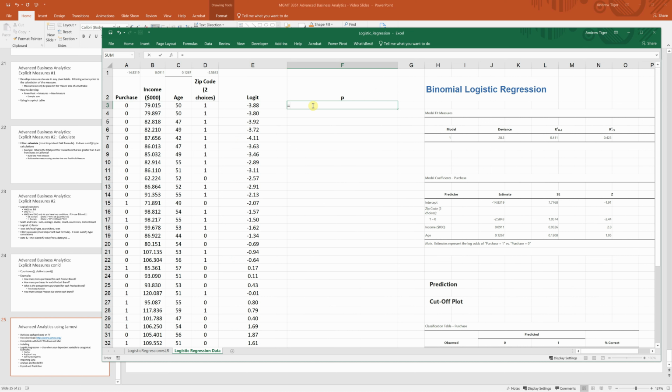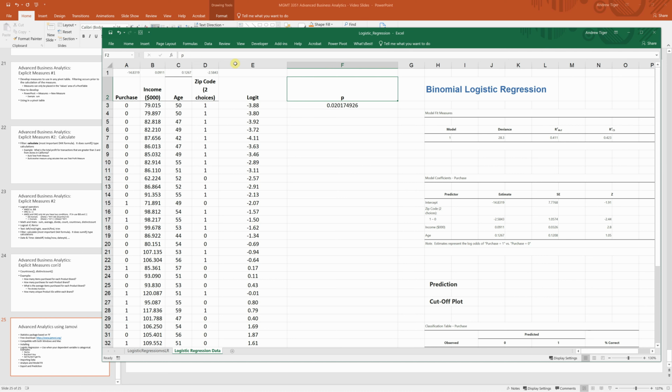Equals 1 all over 1 plus exp, that's how you raise something to the e, natural log, minus this value. Like that. And that is a probability.